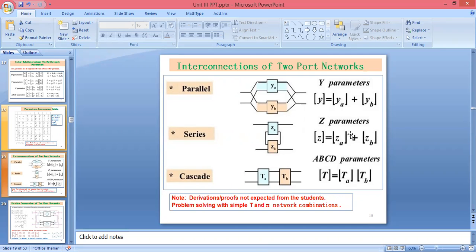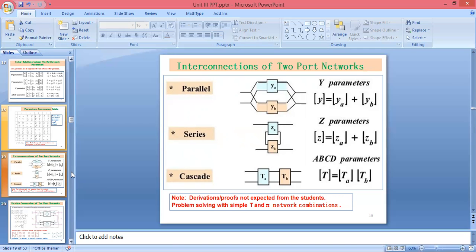We are supposed to take the addition of all the impedances of each network, meaning if they are in series we add the impedances. And if there are lots of transmission port networks cascaded with each other, we can take T equal to TA into TB. You will get the cascading network.